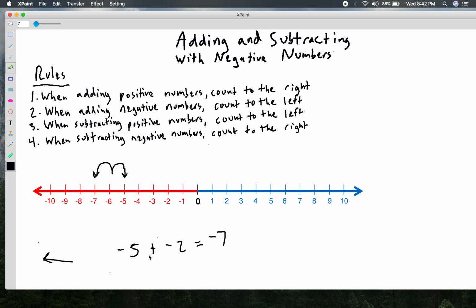So -5, adding a negative -2 makes me count to the left, and that gives me -7. So that is a really fun example. That is rule number 2. And I could even do it here with 0. 0 plus -3. Well, got to move to the left. 1, 2, 3 is -3.